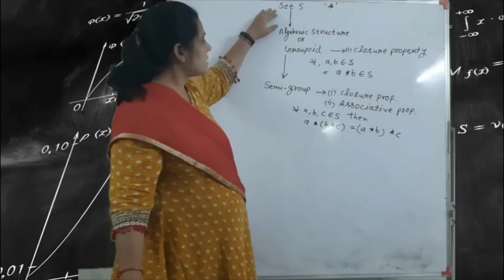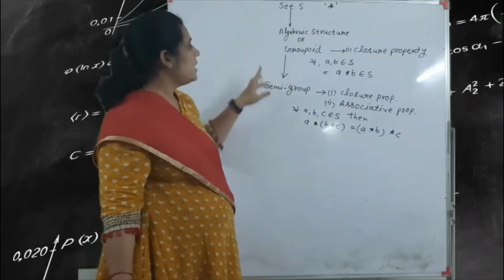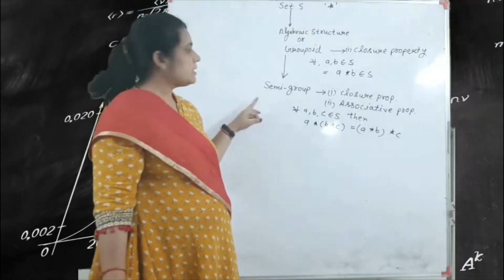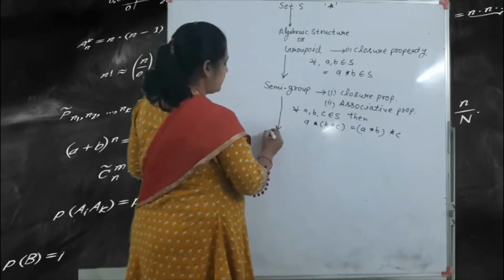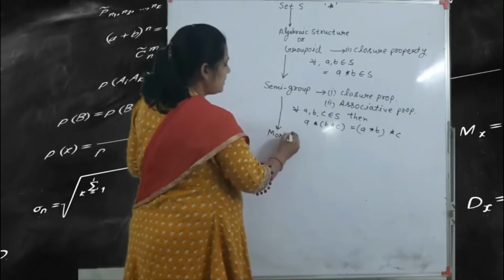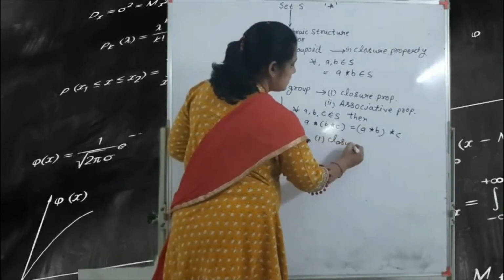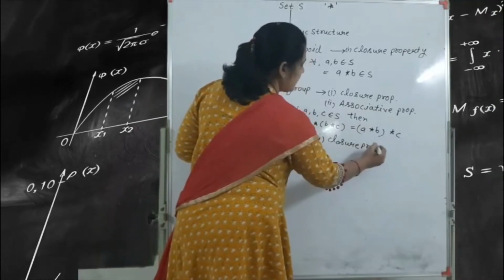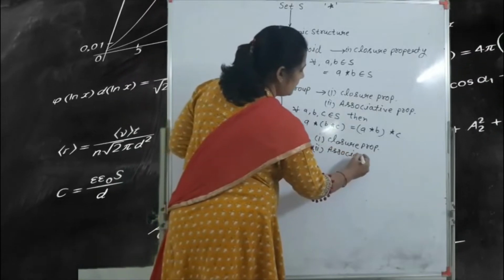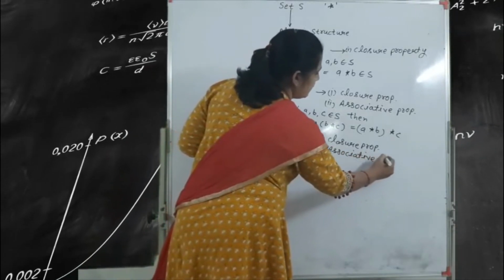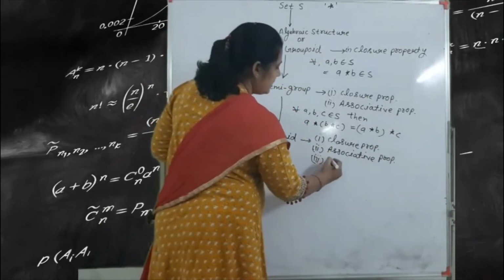If the set S with the operator star satisfies the closure property and the associative property, then we can say that this is a semigroup. Next one is the monoid. First, it satisfies the closure property. Next, it satisfies the associative property. And third one is the identity property.